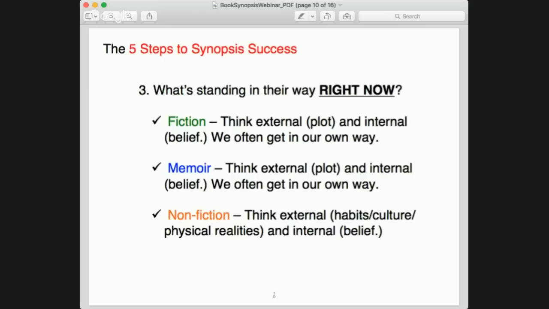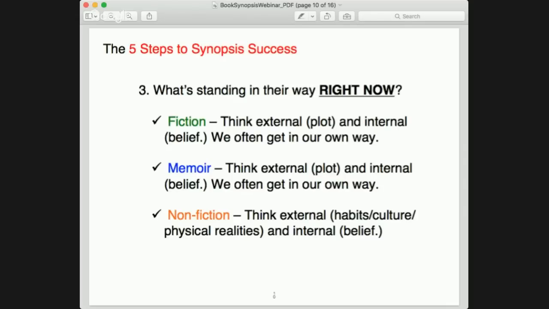That can be a bus that barrels through an intersection and hits a car. That can be a bad guy with a gun. That can be a global meltdown of some kind. It can be big, grand, external plot level things, or it can also be small external plot level things.